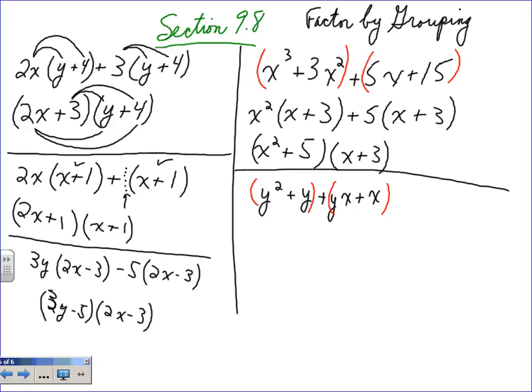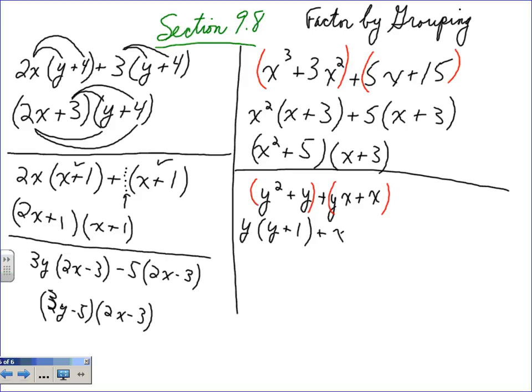What does that first parenthesis now have in common? What do those 2 terms have in common? y. So let's factor that out. And what do I get inside the parentheses, Sid? y plus... not 0, 1. y times y is y squared? Yeah, and then you'll need the 1 there. Plus, and what do the second ones have in common? x.